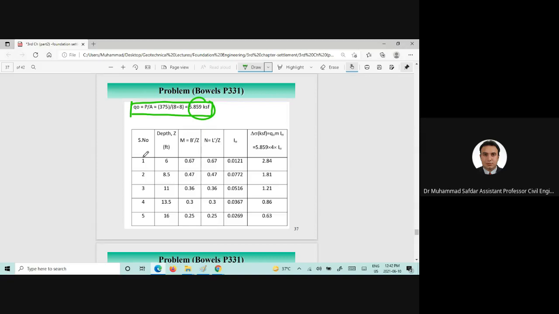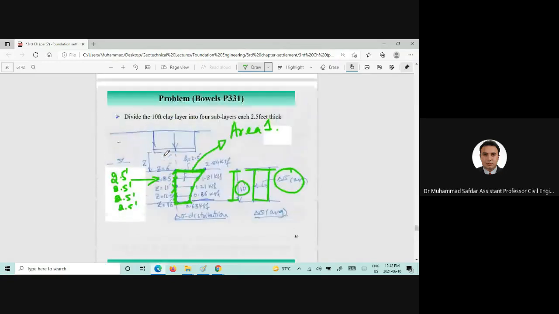Now for different points, we will find out the delta sigma using the Boussinesq method, but in order to do that, please kindly note down that the depth is taken from the base of the foundation.